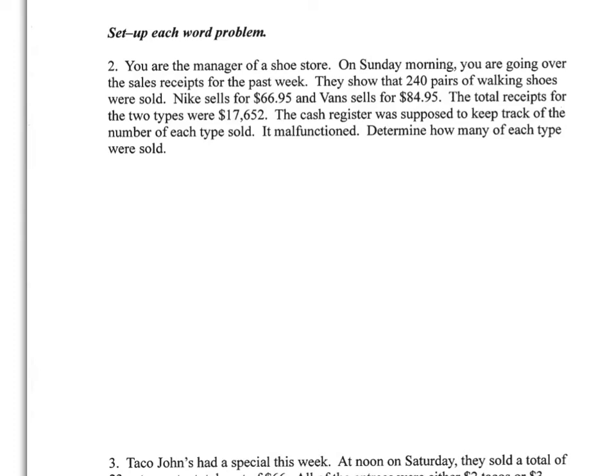First thing I need to do is decide what my variables are. There's two things I don't know. I'm selling two different pairs of shoes, so I'm going to have an x equals and y equals. I'm going to let x stand for whatever comes first, and I see Nikes came first. I'm going to try and be as specific as I can. So I'm going to let x be the number of pairs of Nikes sold.